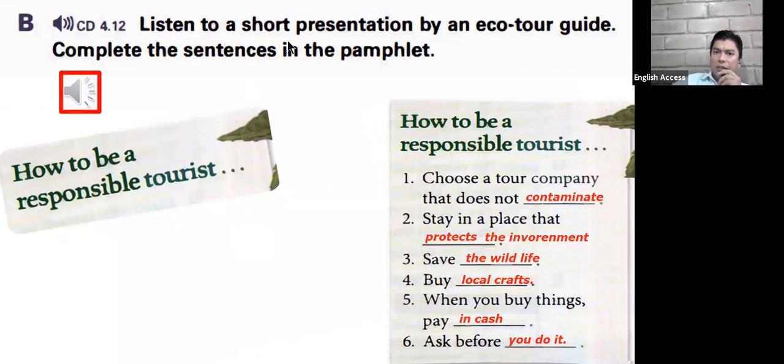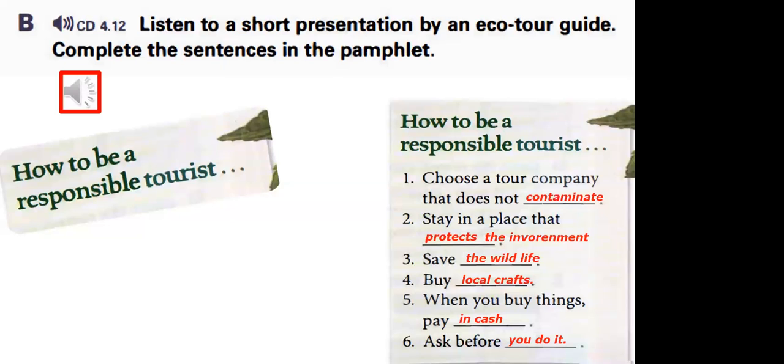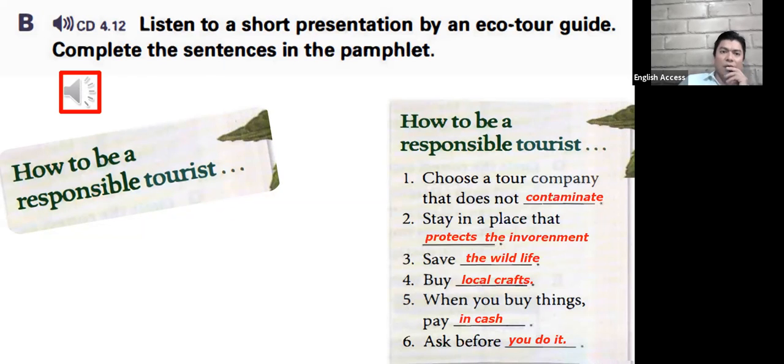Now we're going to listen to a short presentation by an eco tour guide. Now in your books, go ahead and open your books. Diana, can you help me with the page number, please? 113. Thank you very much. Open your books, please. Page 113, like Diana said.